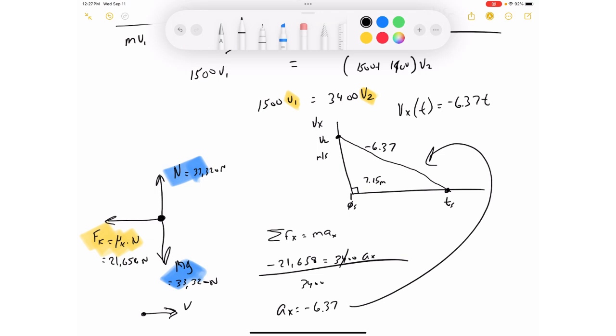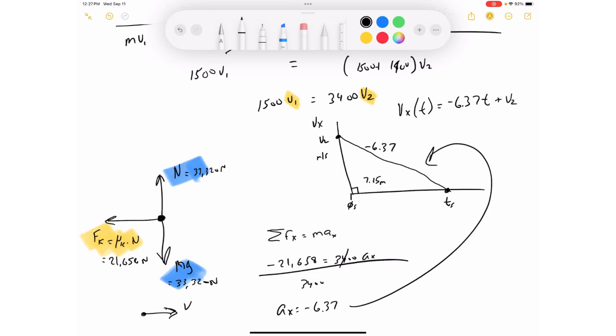So t means seconds. For example, at 1 second, it's 1 times negative 6.37, basically negative 6 meters per second. At 2 seconds, that's essentially negative 12 meters per second, et cetera. But this thing has a y-intercept, and the y-intercept is v2.